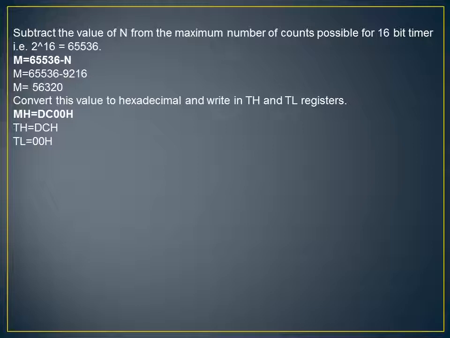Convert this value to hexadecimal and write it in the TH and TL registers, the higher value and lower value. In hexadecimal we get DC00H. So TH will be DCH and TL will be 00H.